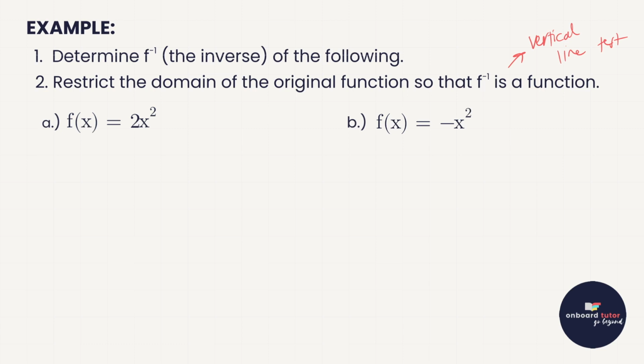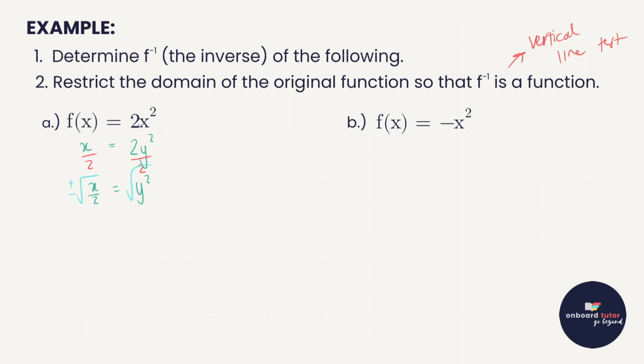Okay, so let's just have a look at what we're doing, and then we can make some decisions about restricting the domain. Okay, so the first thing we want to do is say, all right, in the place of y, we're going to write x, and in the place of x, we're going to write y. And then we're going to do everything we can to get y on its own so that this is in the standard form. So divide by 2, we'll end up with y squared equals x over 2, or half x. And then we're going to square root both sides.